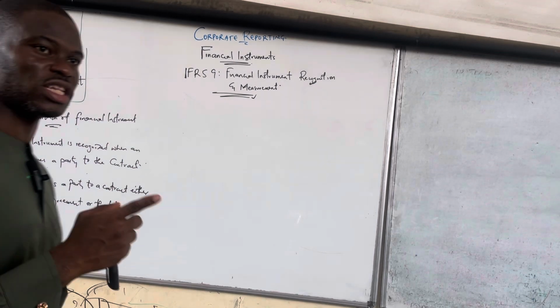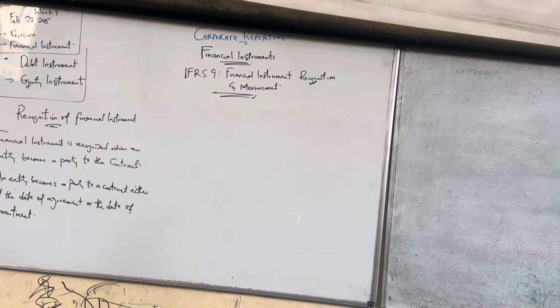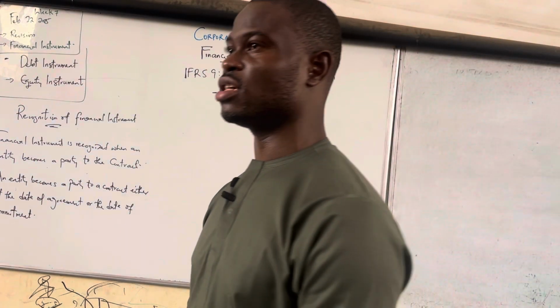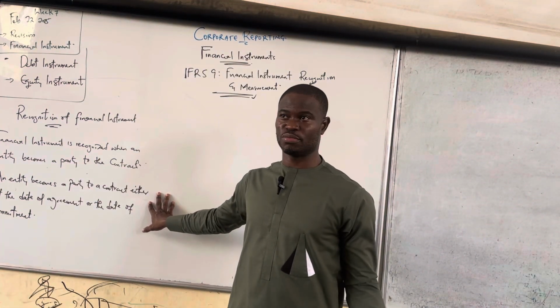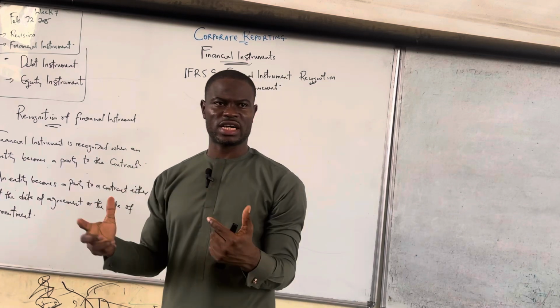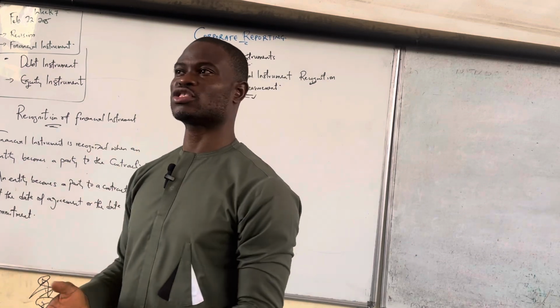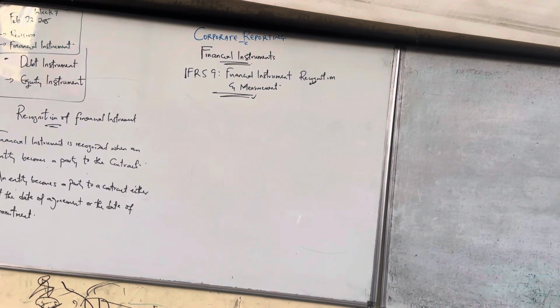So it's just like you entered into a sales agreement with another party. When can you recognize trade receivables in your books? That is what this one is saying. It's either the date where either of the parties has committed, either somebody has sent money or somebody has sent goods.